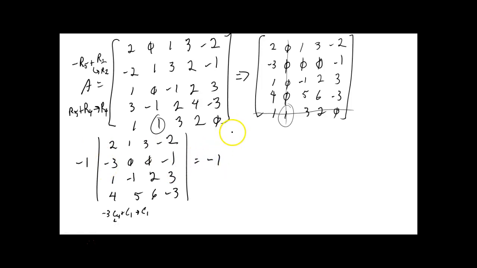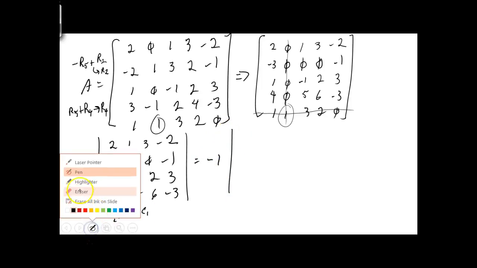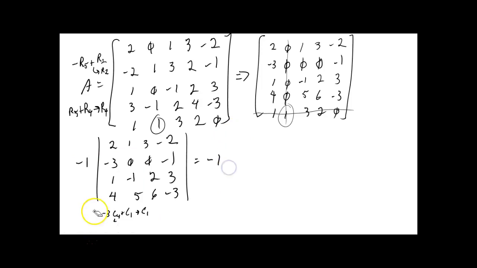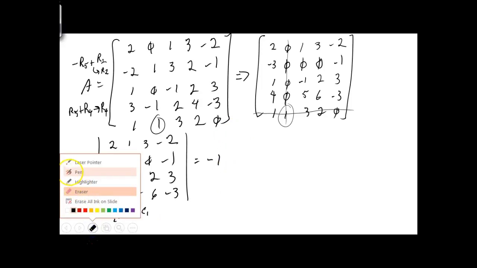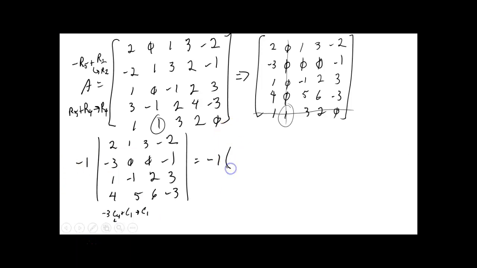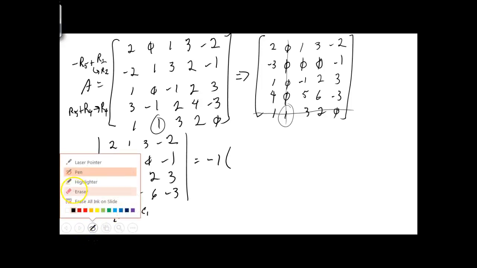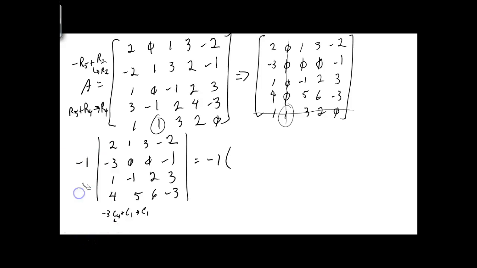Minus 1 times. Well, here we can put a parentheses because it's no longer a determinant. Okay. Before we do anything there, well, no. I'm sorry. We do want to leave the determinant there. I forgot. Got to do our row operations.